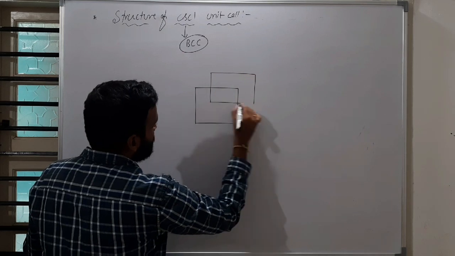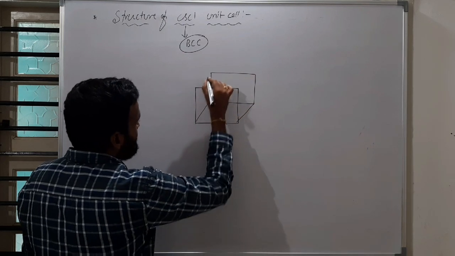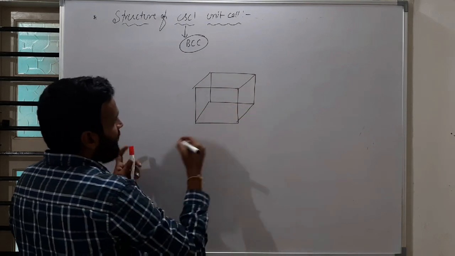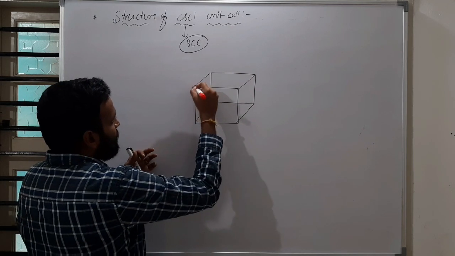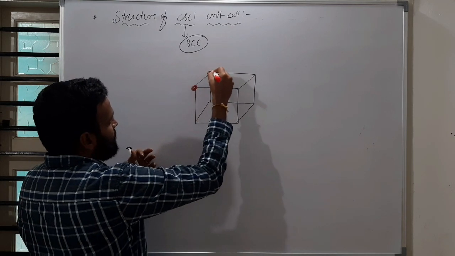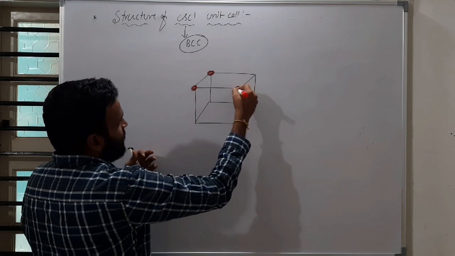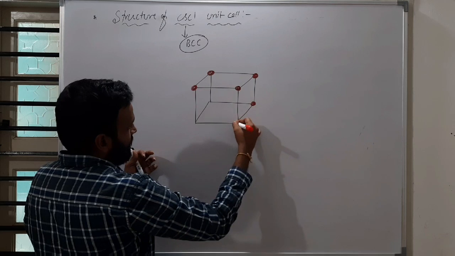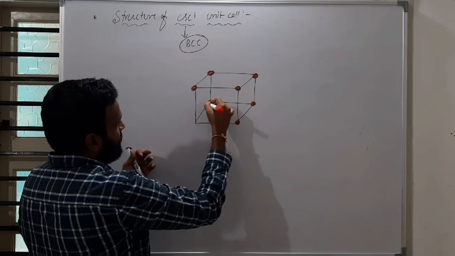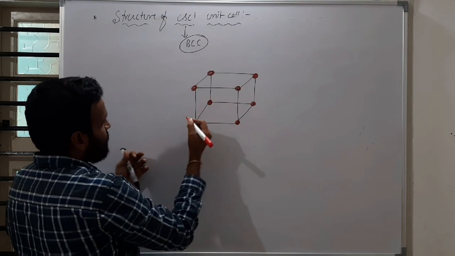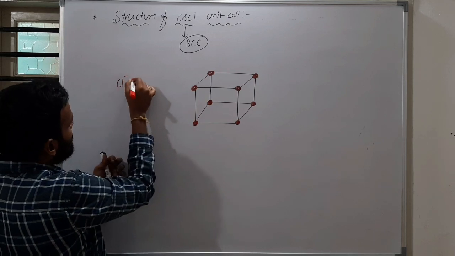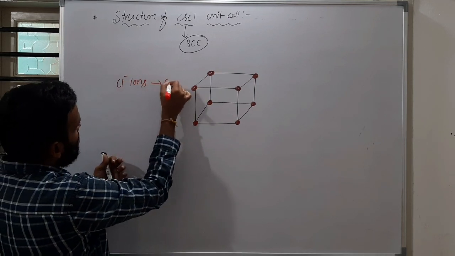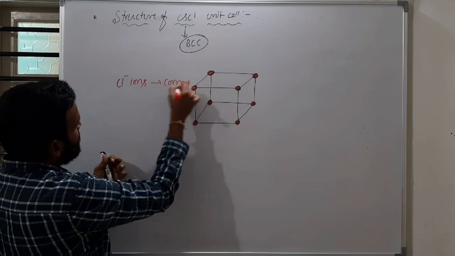So here you have it like this, and very simple. Suppose you have Cl minus ions like this, 1, 2, 3, 4 and 5 and 6, 7 and 8. So Cl minus ions are present at corners, only at corners, no other choice.